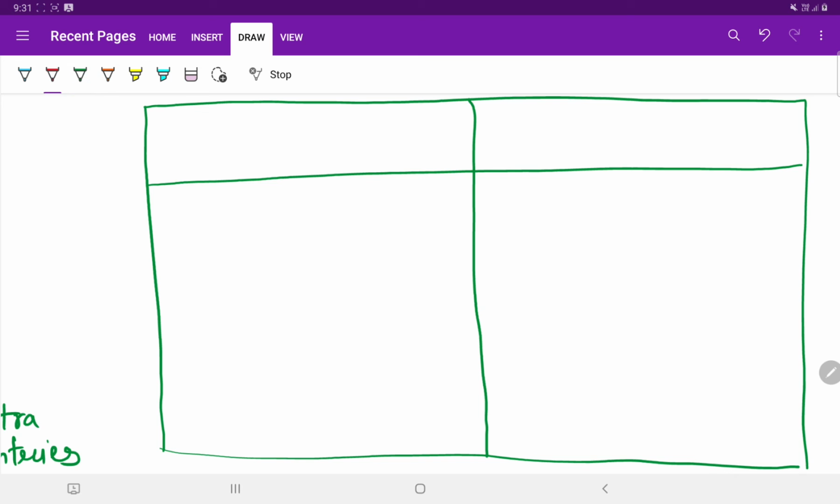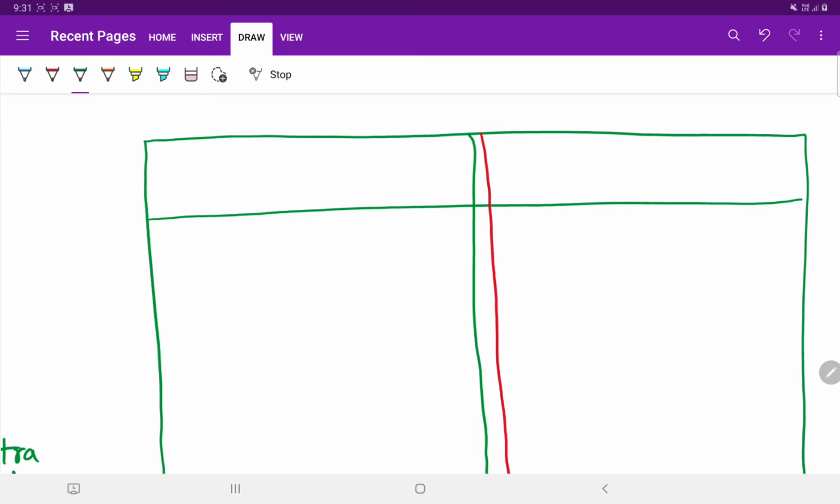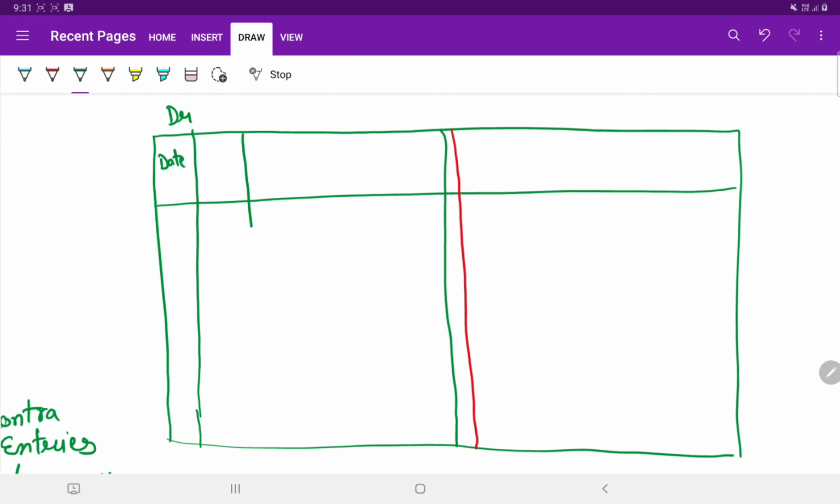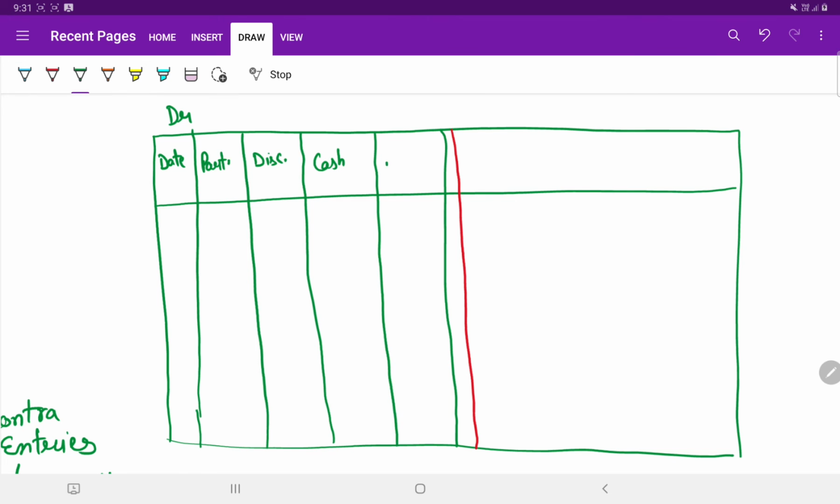The left side is for the debit entries and it always starts with the letters DR, and it will include the columns of date, then the particulars, then the column of discount, then the column of cash, and finally the column of bank.